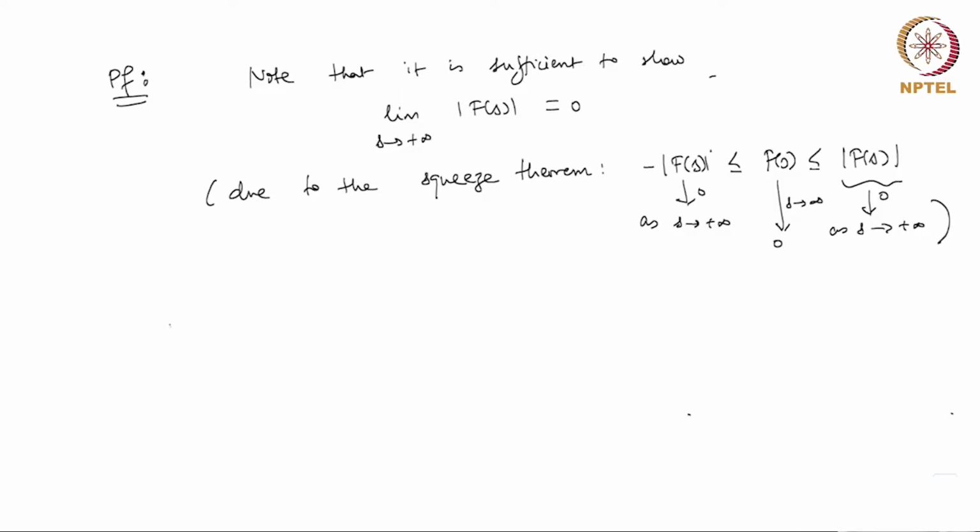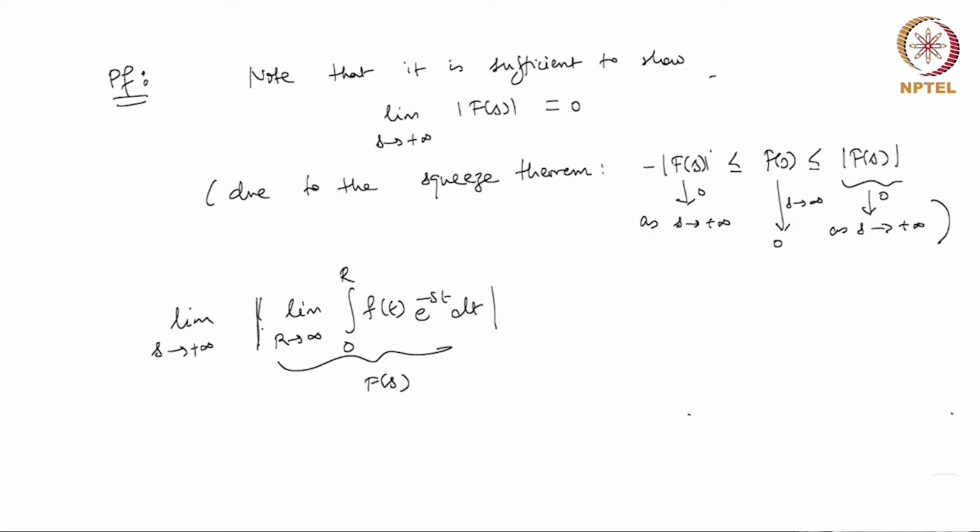Now, by the definition of the improper Riemann integral, this is simply the definition of the Laplace transform of f(t). So this is just F(s).